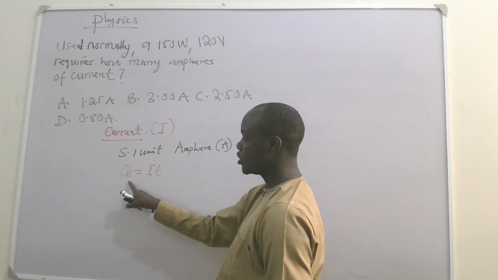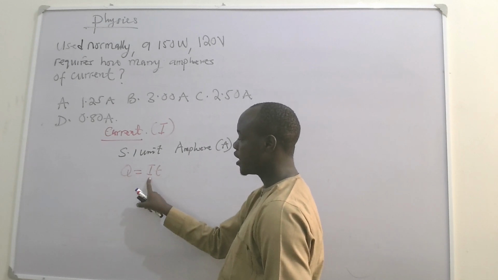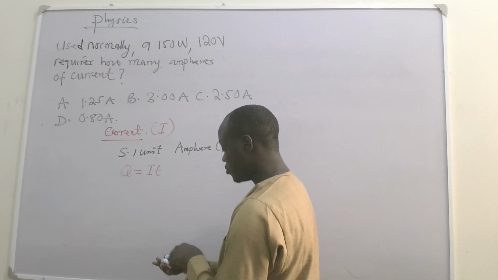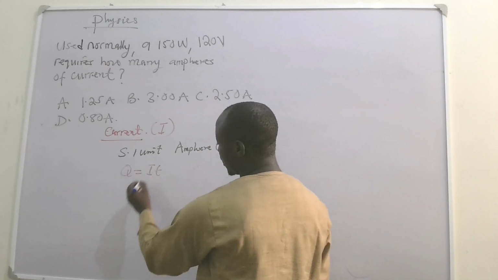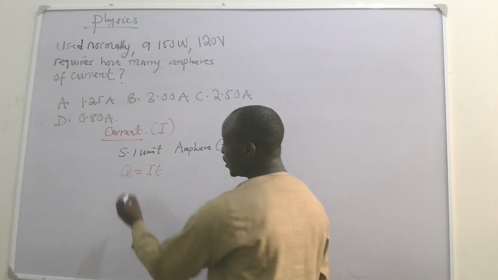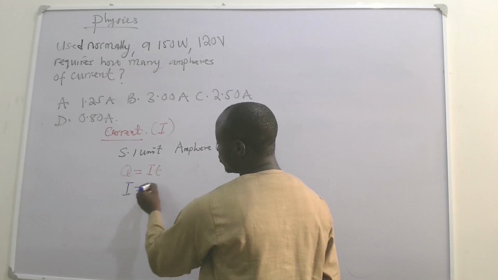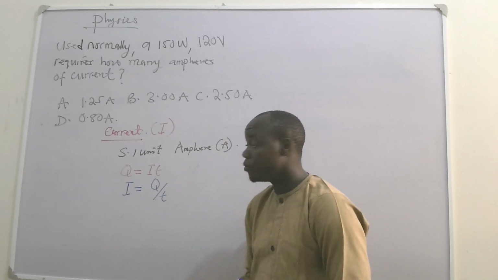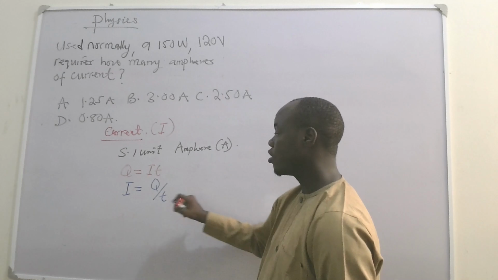Q means quantity of electricity, I means current, and T means time. So we can make I the subject of the formula: I is equal to Q over T. This is the formula for calculating current.